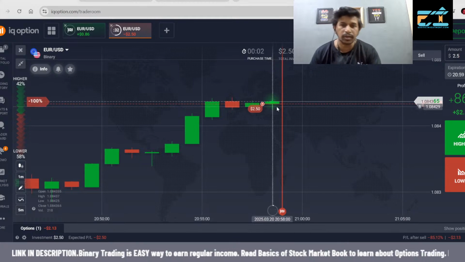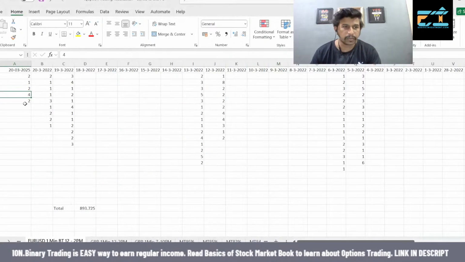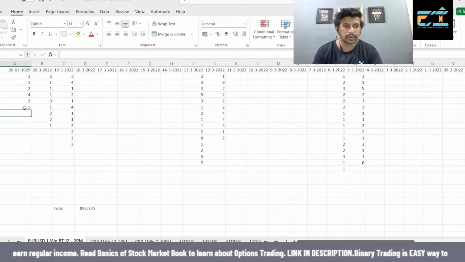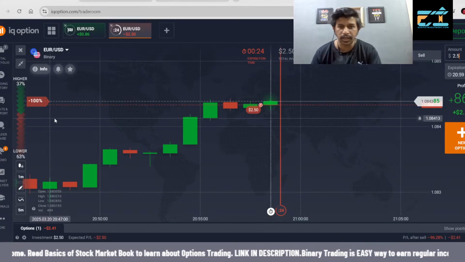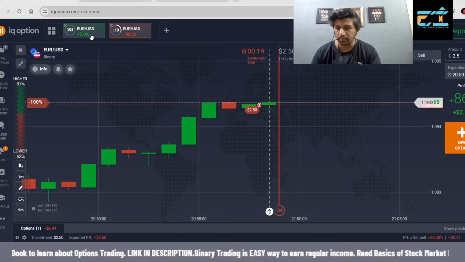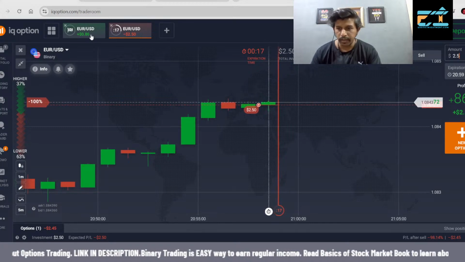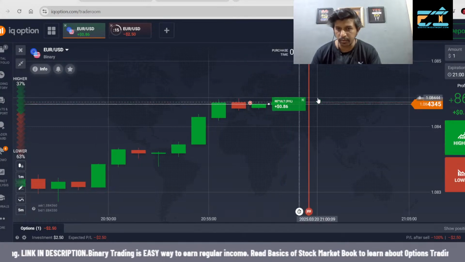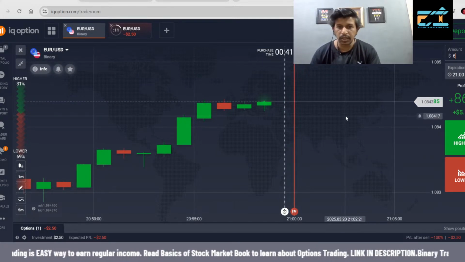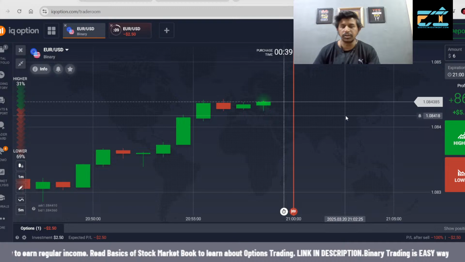Oh, it's going higher. Okay, so here let me put it. I made the profit for the first candle and I'm making the loss for the second candle. Alright, so here I'll have to close this and put up $6 and take the third trade as well.